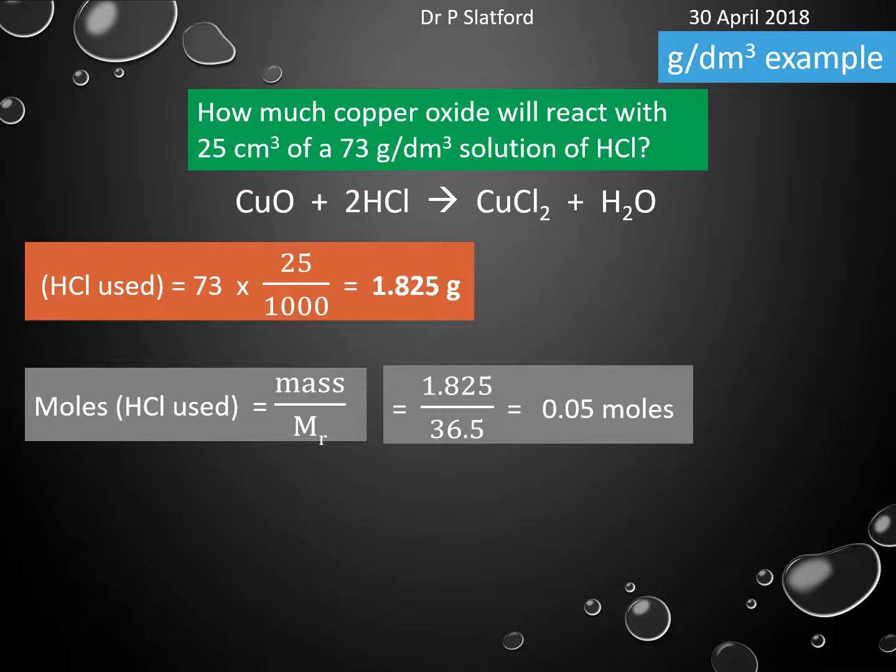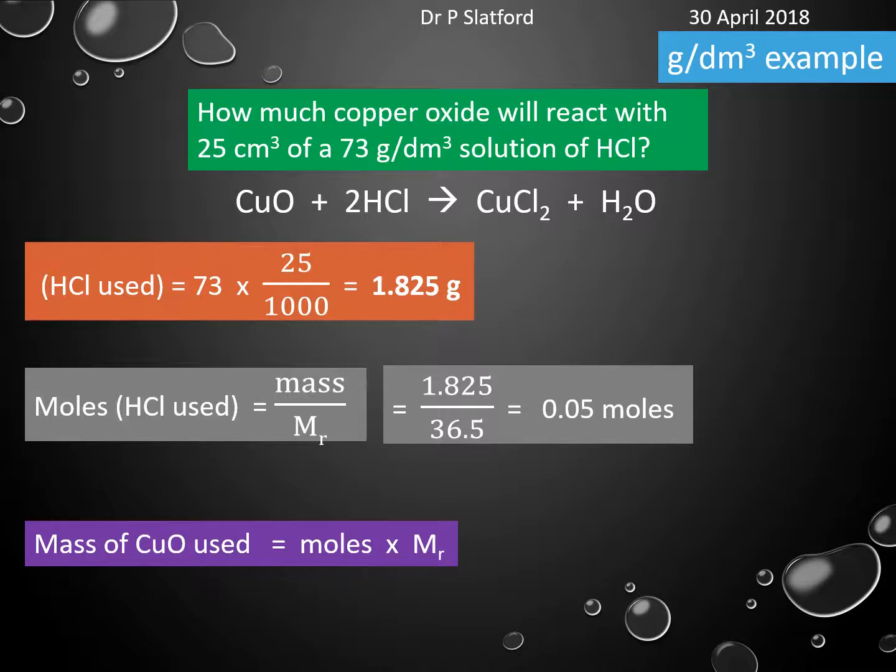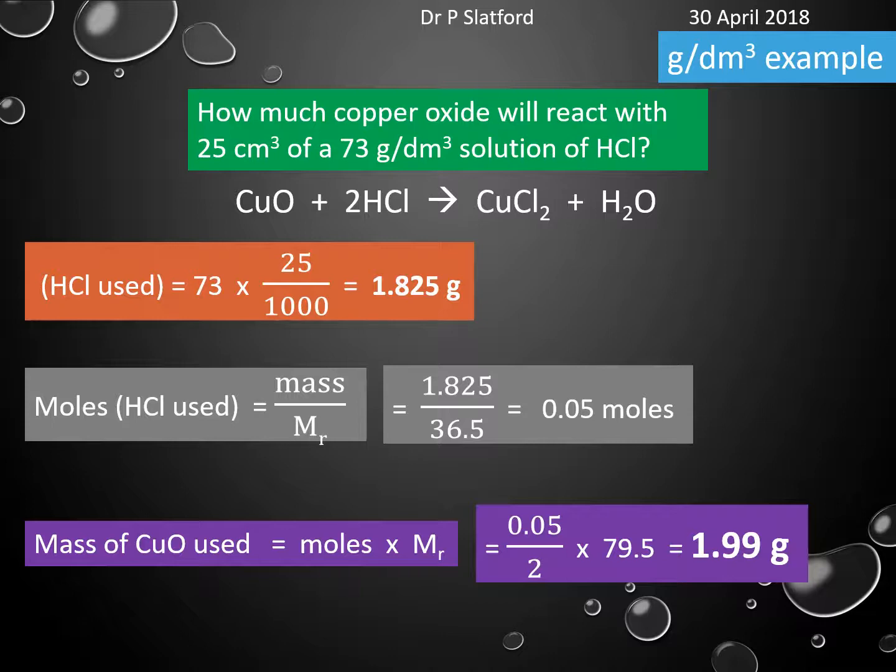We can now use that to work out the number of moles of copper oxide. Now, the mass of copper oxide used is going to be the moles times the Mr, but notice we are in a 1:2 ratio of copper oxide to HCl.